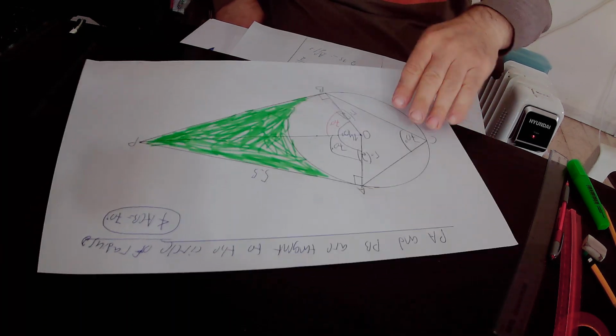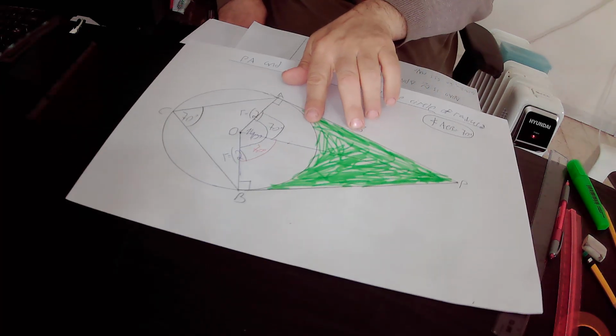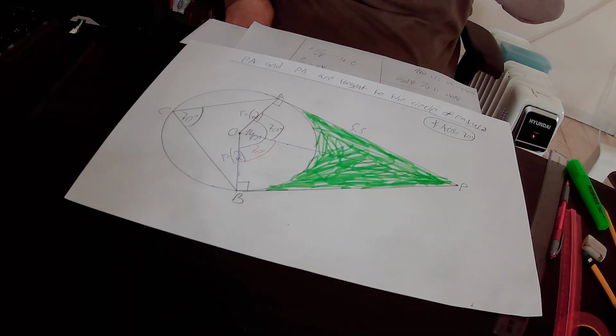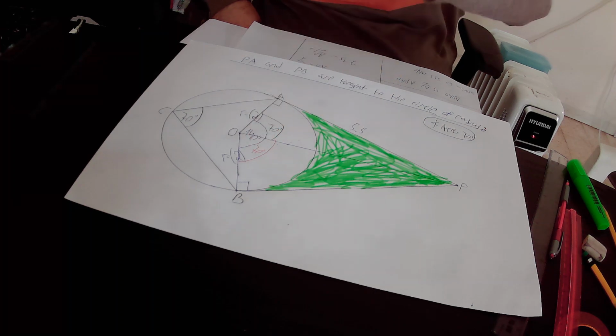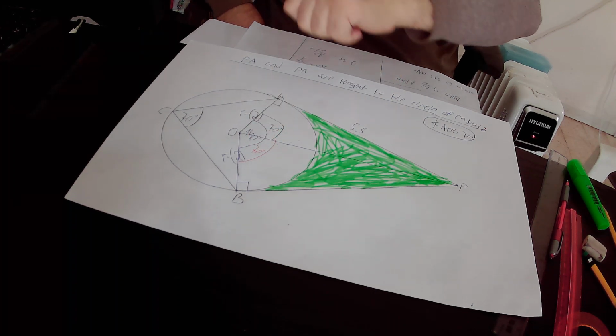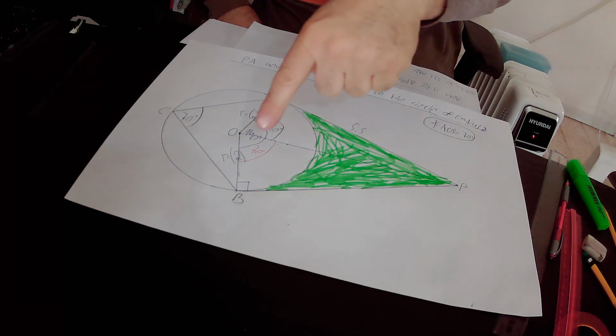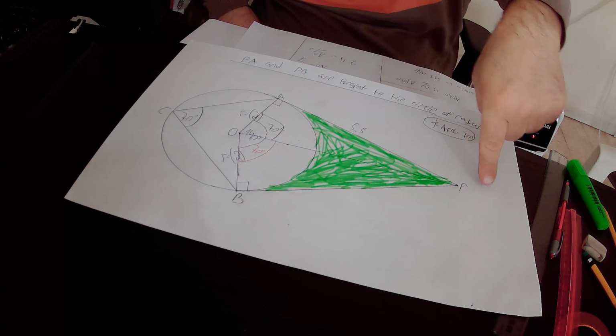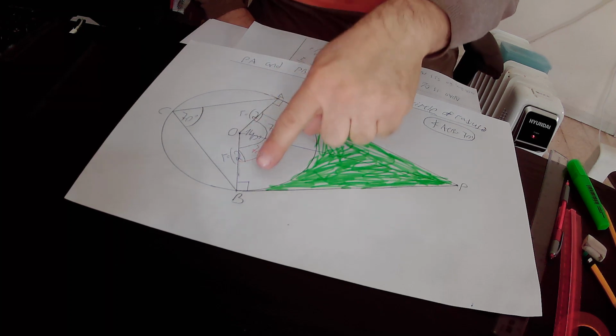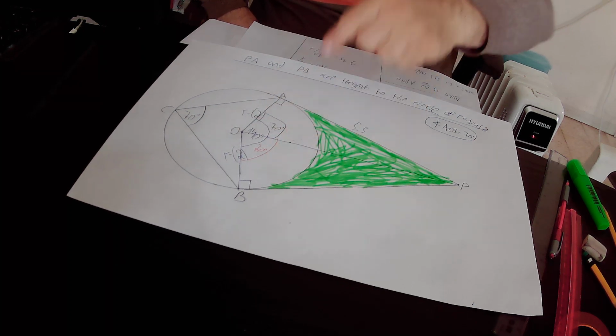We have the radius OB that is drawn to point B, the point of tangency of tangent PB with this circle. And whenever you have a radius that is drawn to the point of tangency, then according to rule 1, tangent PB will be perpendicular to the radius BO. If PB is perpendicular to BO, it means that this angle equals 90 degrees.